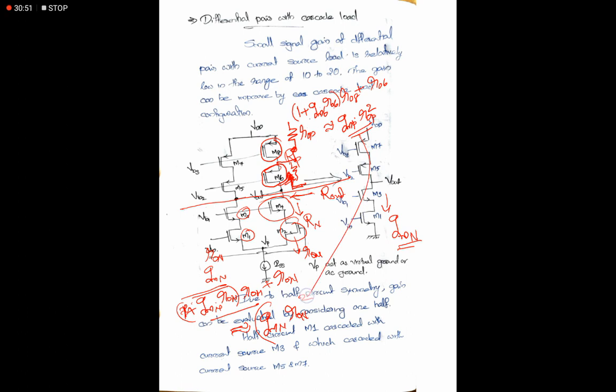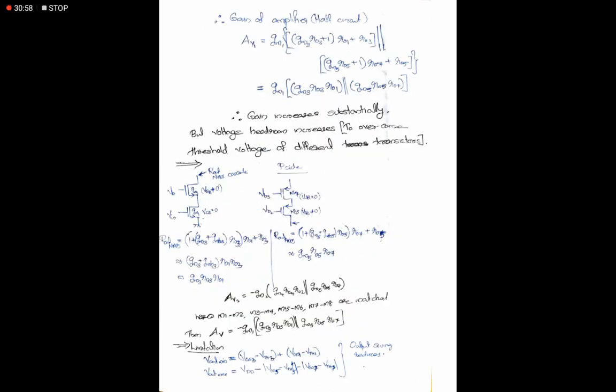So we need to do a parallel combination of these two, and we need to multiply that with the GMN to find the actual gain.